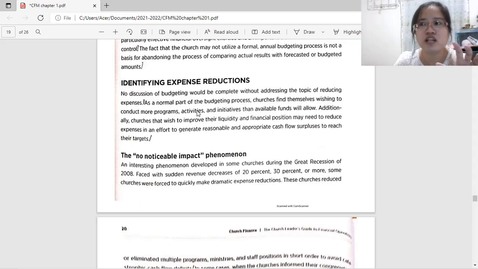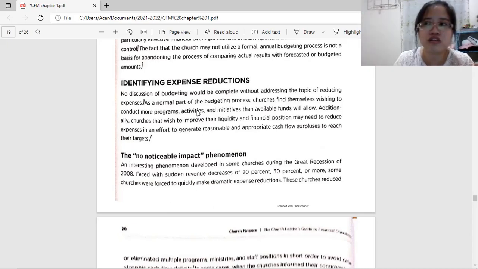But essentially, with regards to the budget of the church itself, it's not included, or there is a budget for it, but it's not as much as the previous year's budget for the same activity. Because of the pandemic, the contributions have been affected as well, so the expenses would have to be adjusted as well.